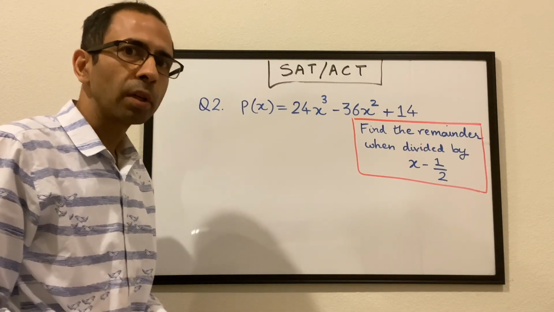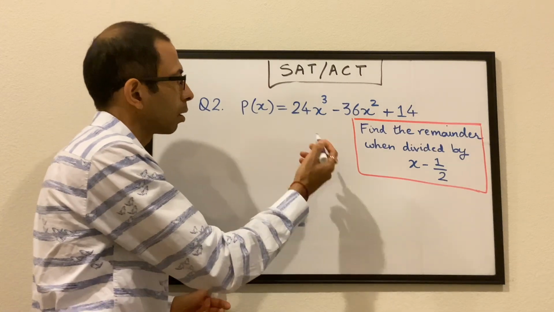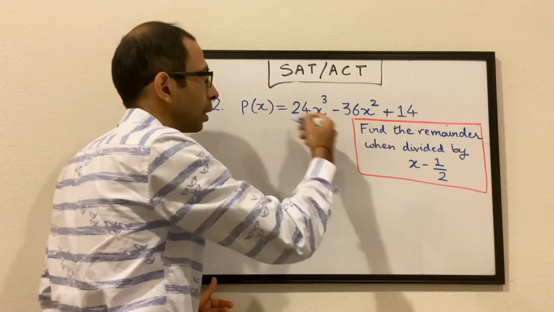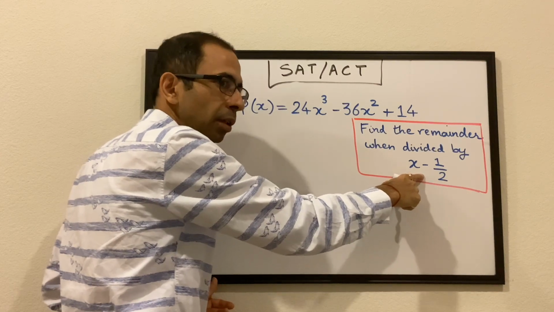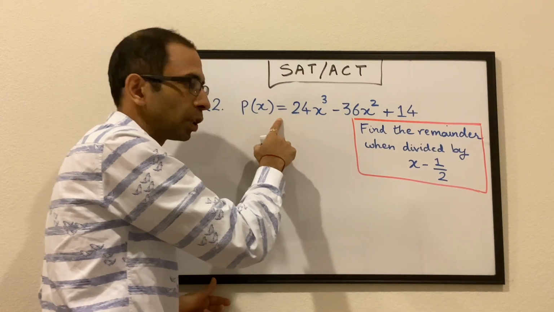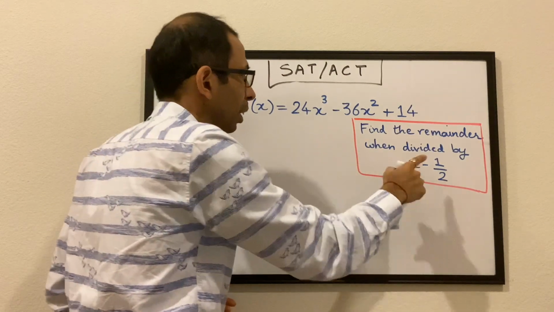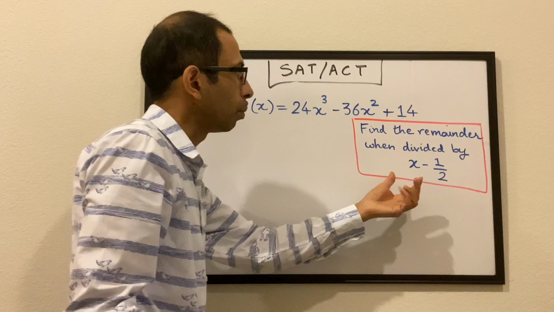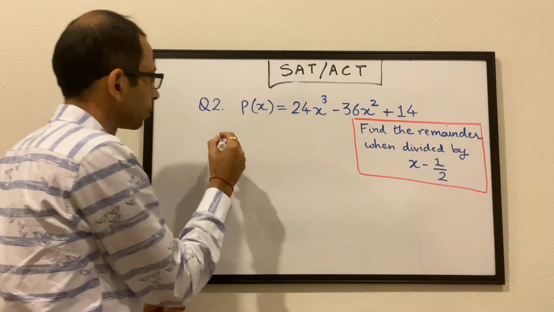So the expectation on this question is not to actually do the long division, but to use a concept called the remainder theorem, which says that when you divide any polynomial by any other function, the remainder is going to be the value of the function when this divisor becomes 0. What I mean to say is that we have to make this divisor equal to 0 and find the value of x.